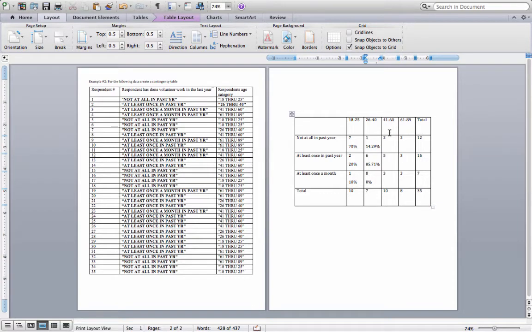And then we have a nice another even 1 out of 10. So we're going to have 2 out of 10 is 20%. 5 out of 10 is 50%. 3 out of 10 is 30%. And then we come to our last one, and we're going to have over 8. So 2 out of 8 should be 25%.